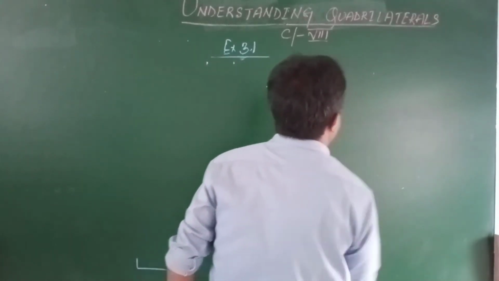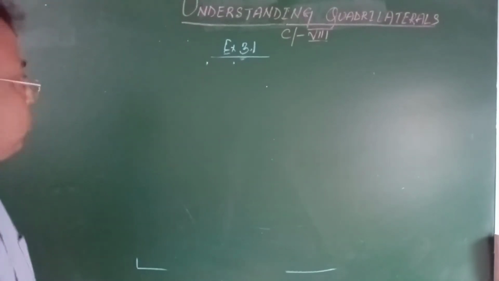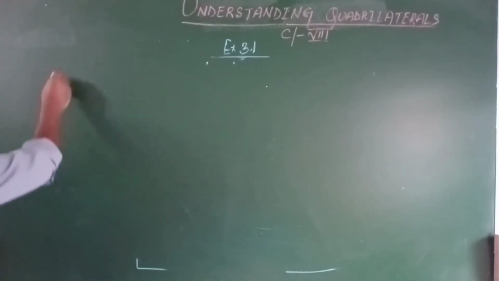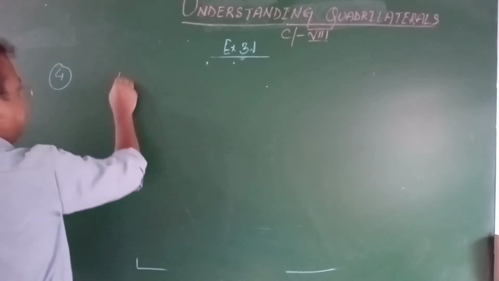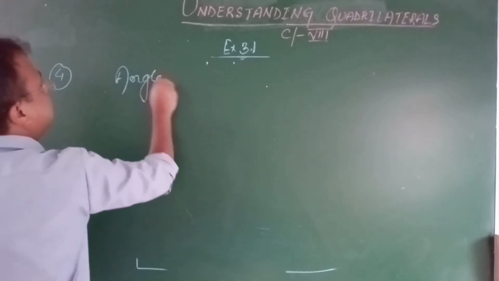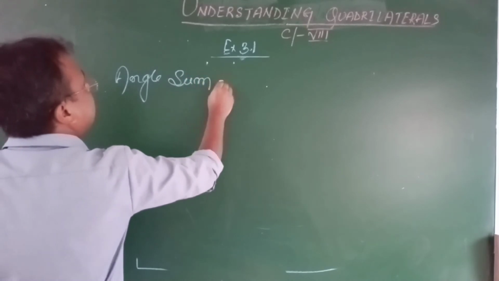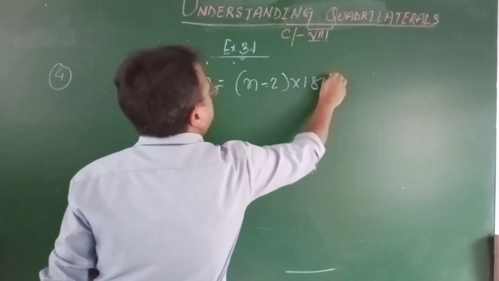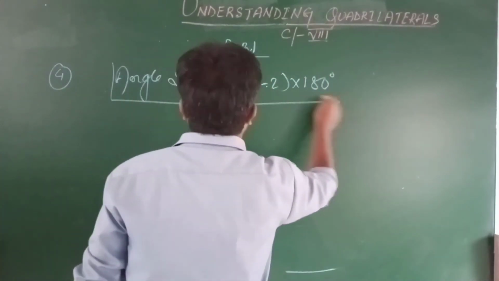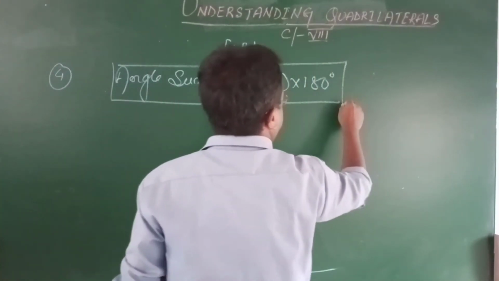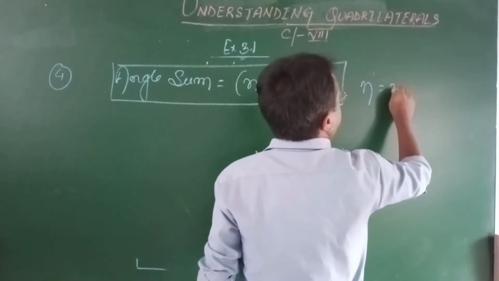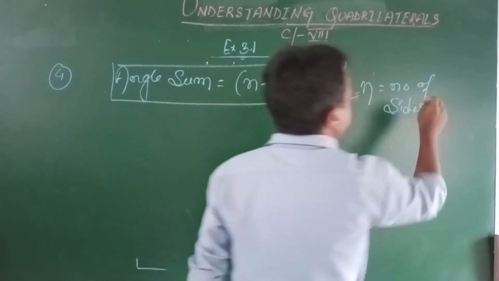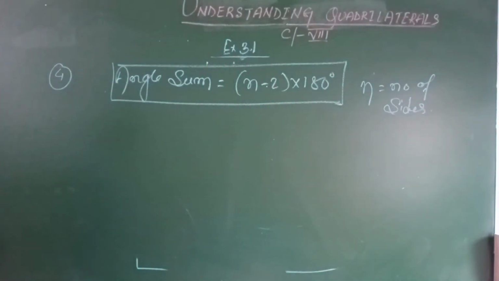For question number 4, the angle sum is equal to n minus 2 into 180 degree. So we derived this formula now. n is equal to the number of what? Number of sides.